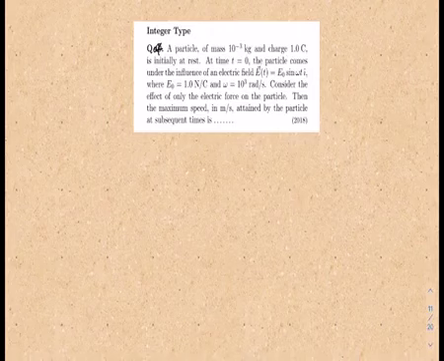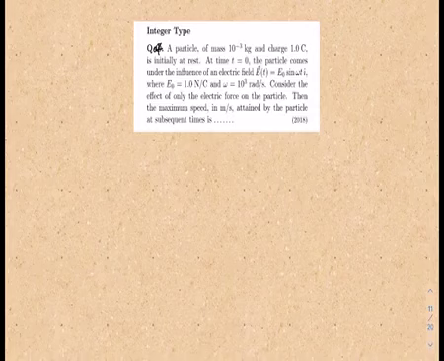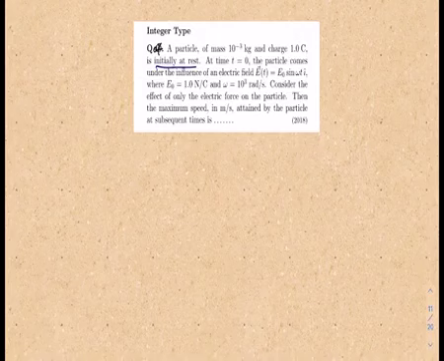A particle of mass 10 to the power minus 3 kilogram and charge 1 coulomb is initially at rest. At time t equal to 0, the particle comes under the influence of a time varying electric field along the x direction, I cap.